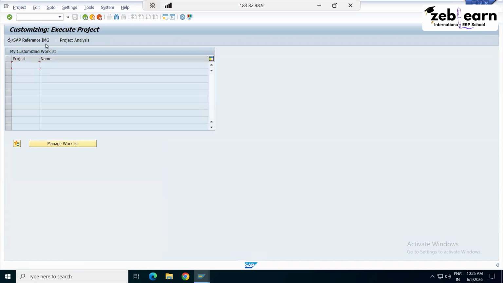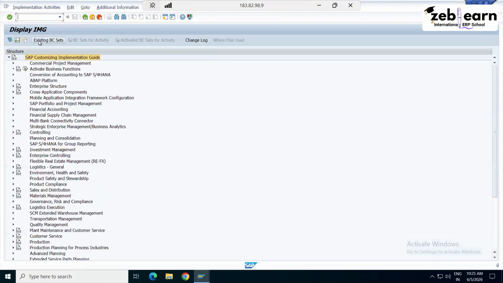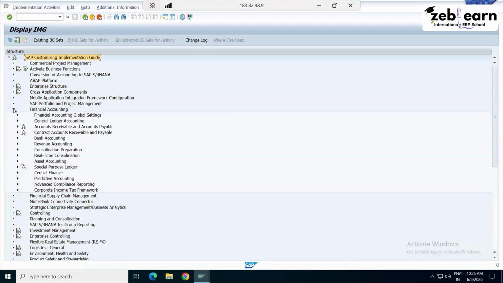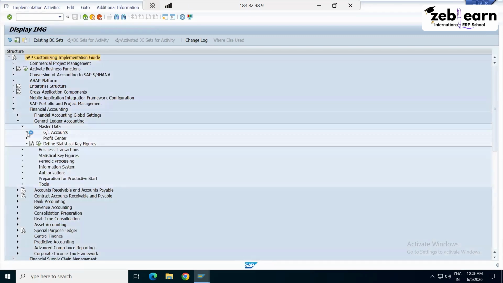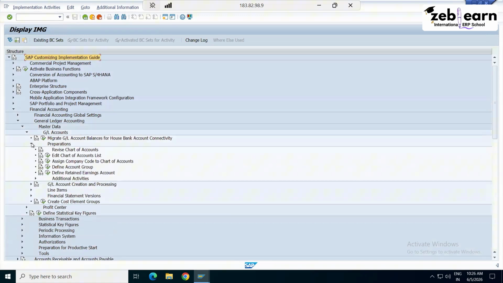What is the full form of IMG? SAP Reference Implementation Guide. Okay, Implementation Guide. Let's go to Financial Accounting. Let's go to General Ledger Accounting, Master Data, GL Accounts, Preparation.